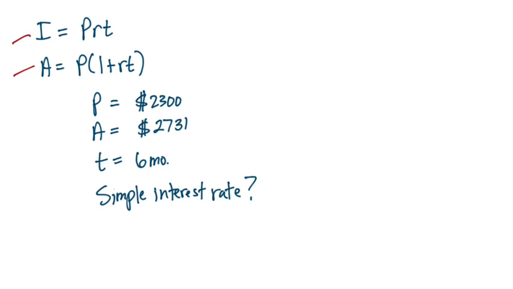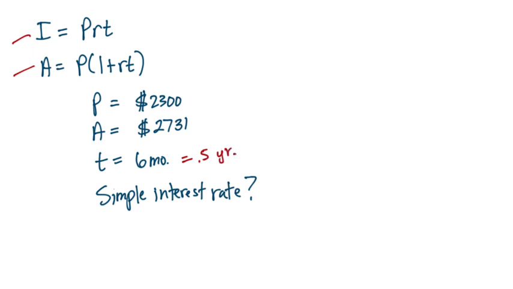And so A is basically the balance in the account after T years. So P is for principal or present value, A is for future value, T is time in years. In this case, that's going to be half a year or 0.5 years.